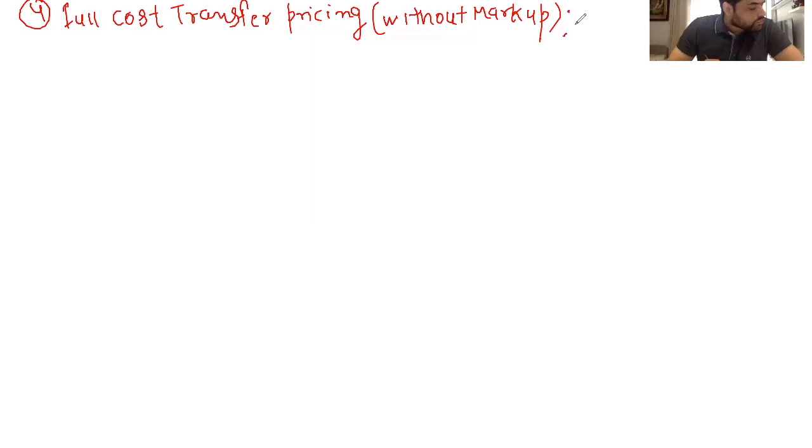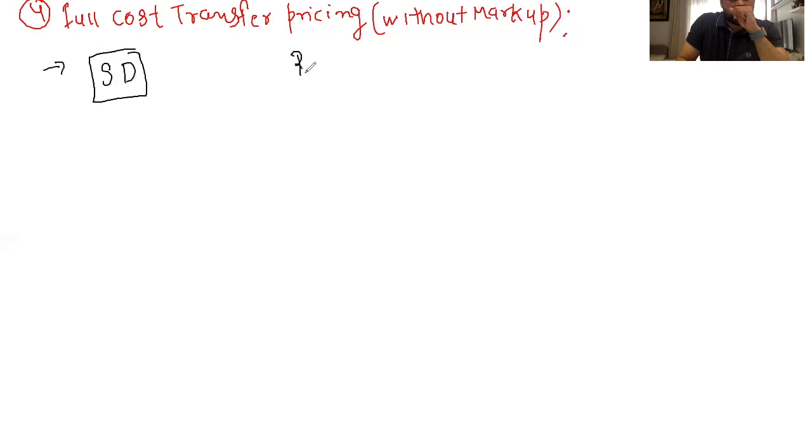Now what happens in this method? Let's say, let me write down here, we have a supplying division, right?